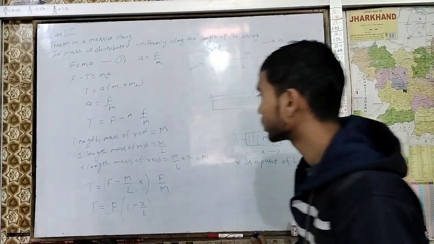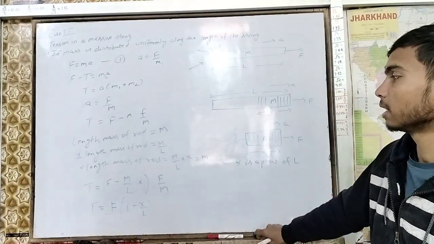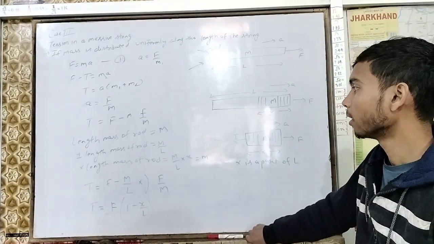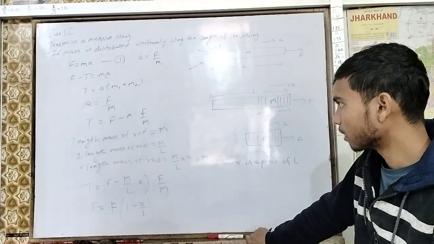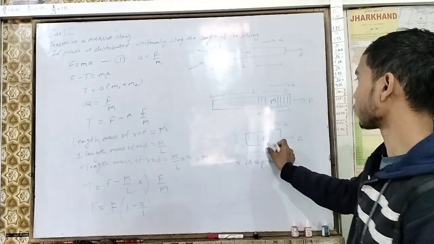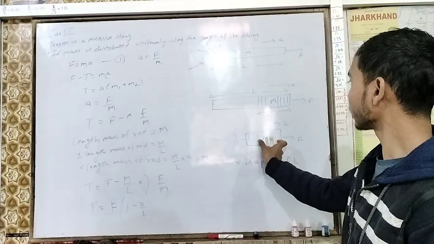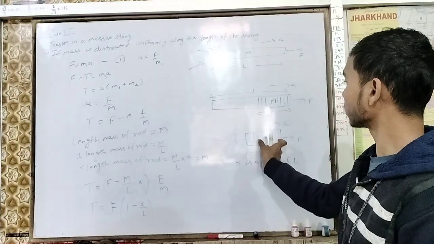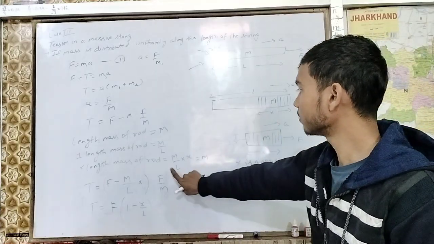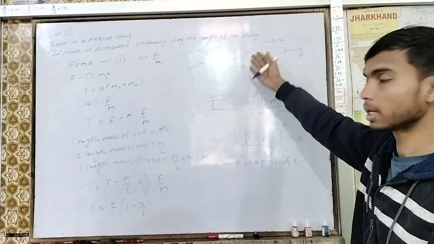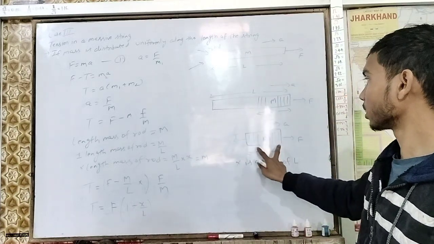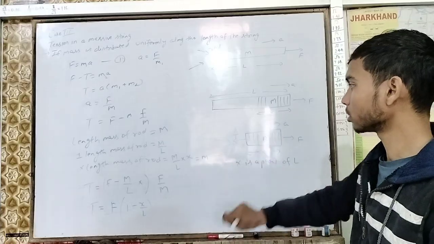For X length mass of the rod, we will multiply this x by M upon L, which will be our small m. To calculate the mass of this part of the rod, we have this formula: big mass upon complete length, multiplied by x, we will get the small mass.